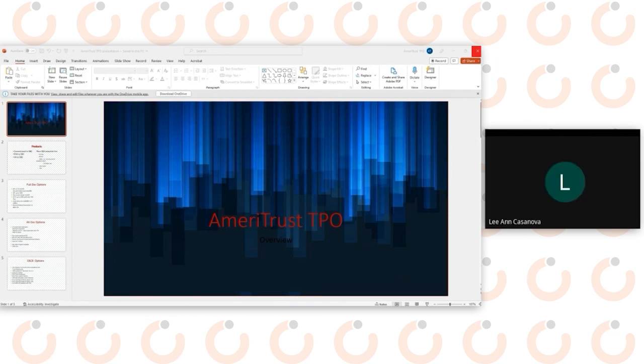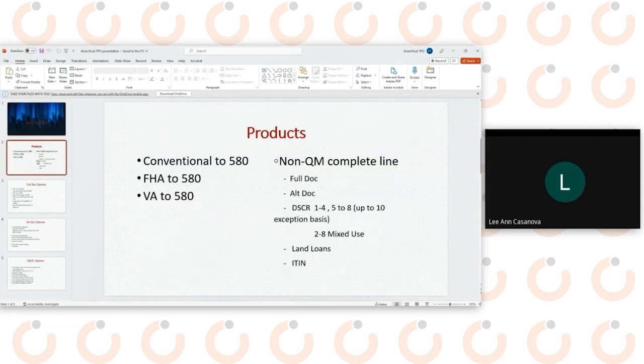All right, so high level overview here. We really have pretty much everything here at AmeriTrust to offer you. We do conventional. I realize you guys have a home for your conventional agency, but there's always fallout, right? Not everything fits every single box in every single world. And what we pride ourselves in here at AmeriTrust is being more of a boutique style lender.